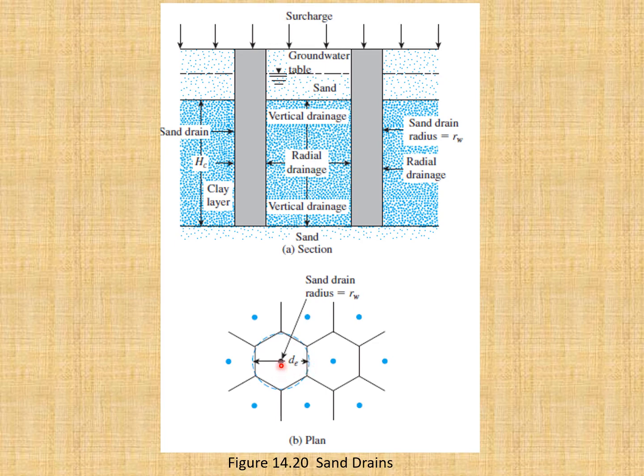And this is the sand drain, so the radius of the sand drain is r sub w. So here you can see that the vertical drainage is there and the drainage in the horizontal or radial direction is also present. So in this way, by introducing sand drains we can accelerate the process of consolidation.